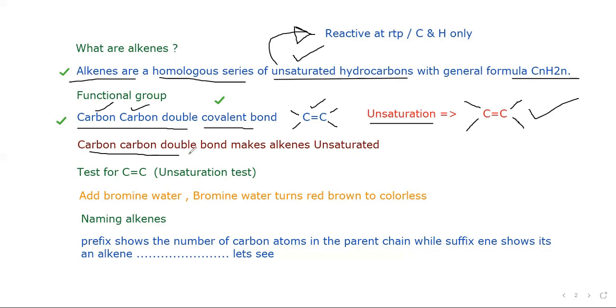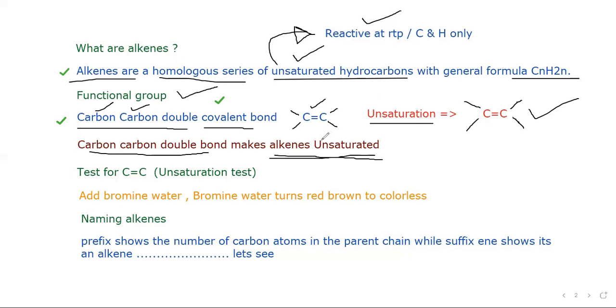Now, this carbon-carbon double bond, which I told you is the functional group of alkenes, makes alkenes unsaturated. It makes alkenes reactive. So please remember, the carbon-carbon double covalent bond, the functional group of alkenes, makes alkenes unsaturated, and it enables alkenes to react at room temperature and pressure.